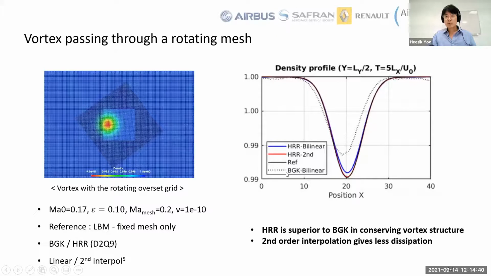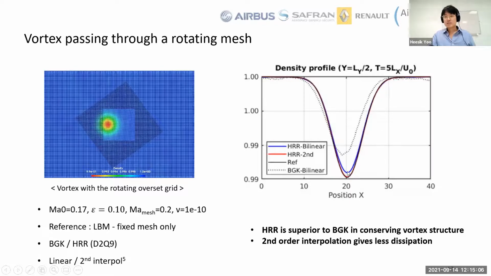And as you can see, when I run the overset simulation with the BGK collision model with bilinear interpolation, there is a significant amount of dissipation. But when I change the collision model from BGK to the HRR, the amount of dissipation becomes smaller.